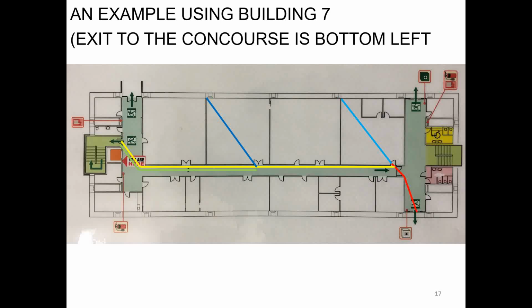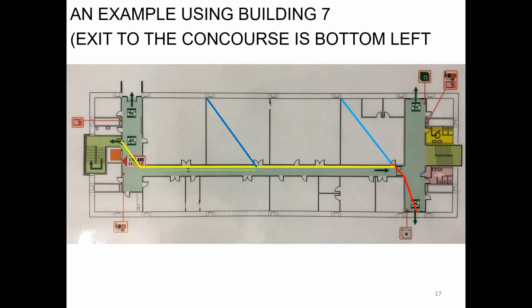The other way you could look at it is that the stair between the two toilets over there, between the ladies and the disabled to the right of the room, might also be considered an alternative exit, and that could also be the alternative there. So the room with the light blue line works pretty well.